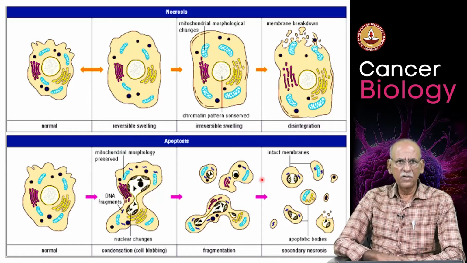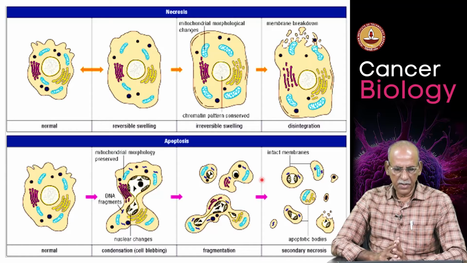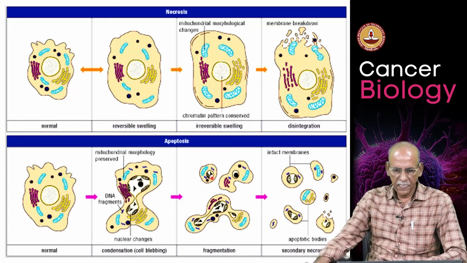Now, this slide also shows you some of the important differences between the two forms of cell death. The upper panel depicts the events occurring in necrosis. The lower panel is depicting apoptosis.